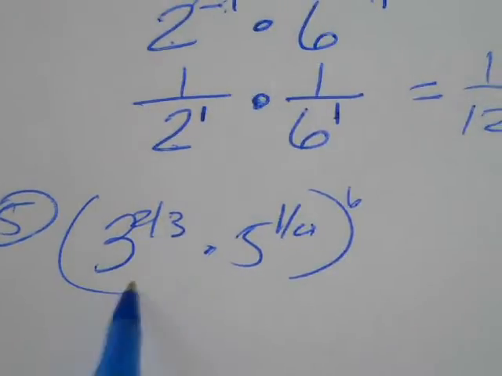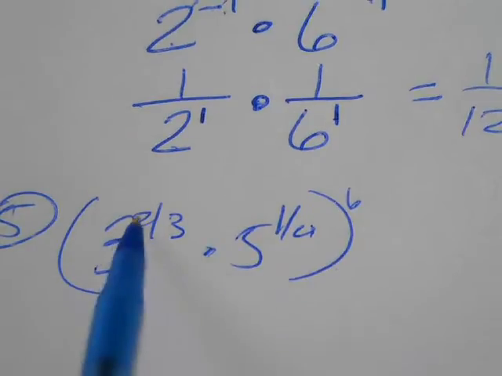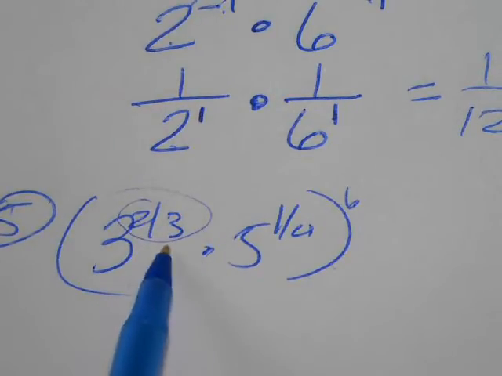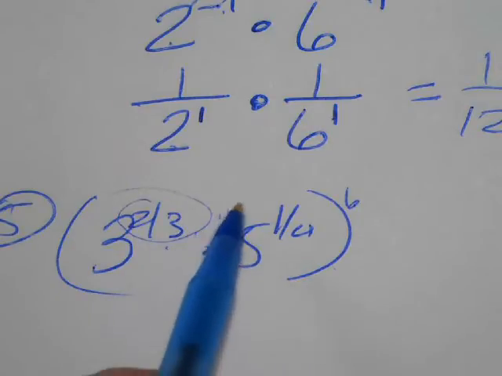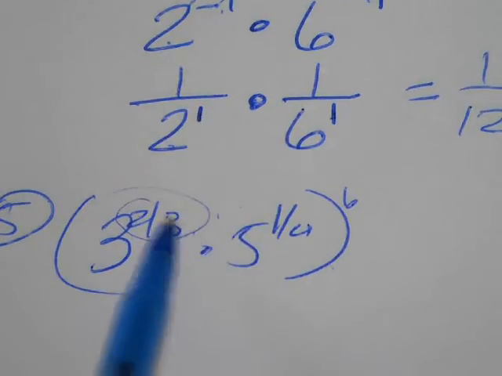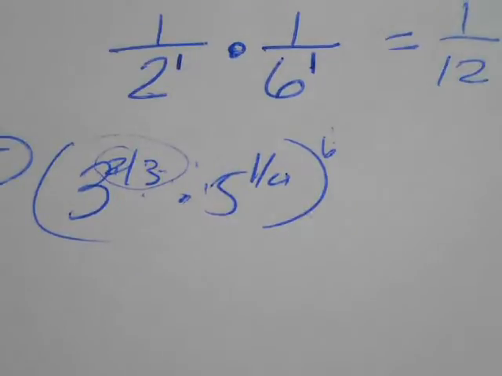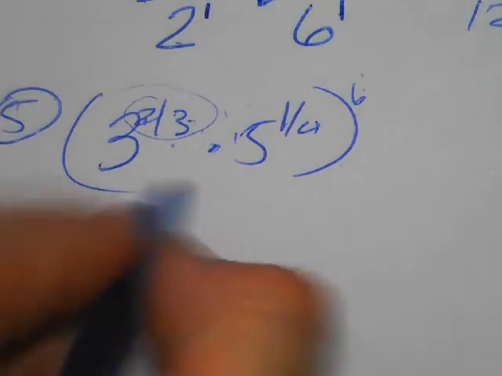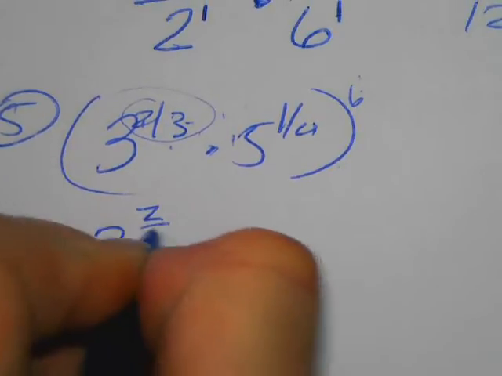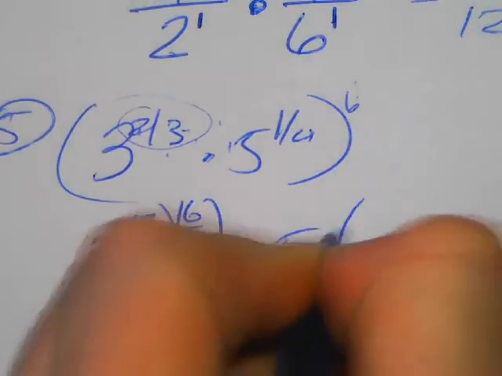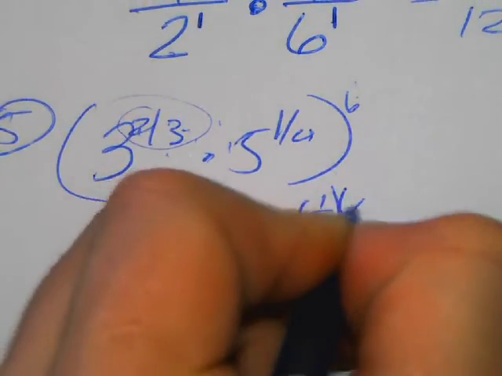Because it's all multiplication, I'm going to add up my like base exponents. So 2/3 plus 2/3 plus 2/3, doing it 6 times. A faster way is to say 6 times 2/3, and then 6 times 1/4. So I'm going to have 3 to the 2/3 times 6 times 5 to the 1/4 times 6.